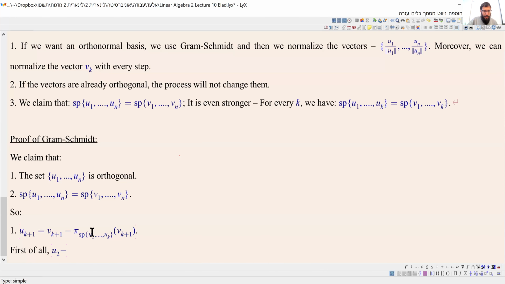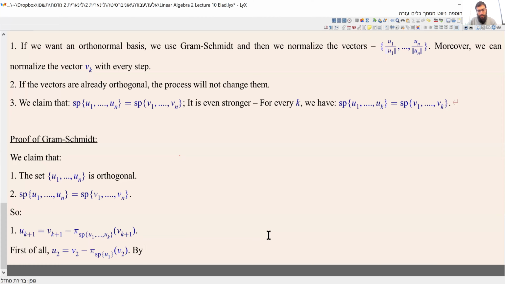is v2 minus the projection of v2 onto the span of u1.